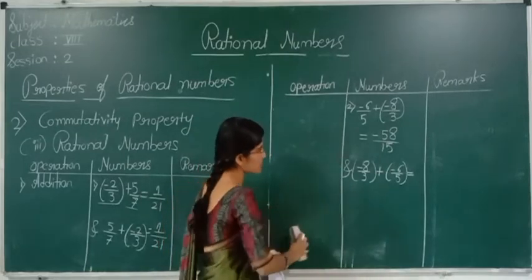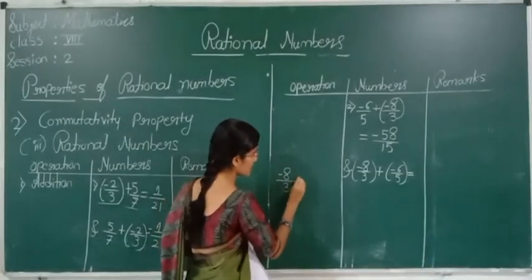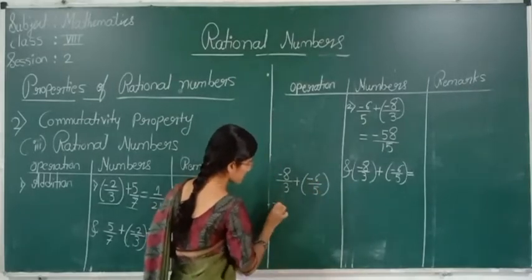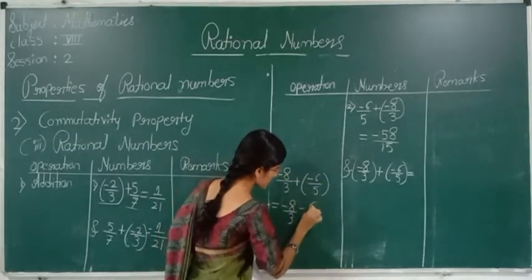Now we will check this result. Minus 8 by 3 plus minus 6 by 5.